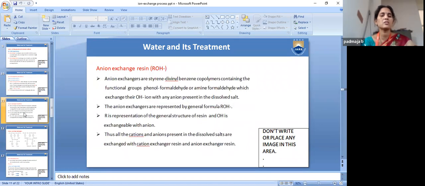Anion exchange resins are styrene divinyl benzene copolymers containing the functional group, here OH minus ions, containing functional groups that are phenol formaldehyde or amine formaldehyde. They exchange their OH minus ions with any anion present in the dissolved salt.